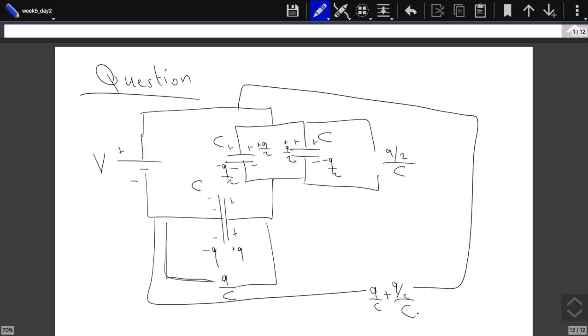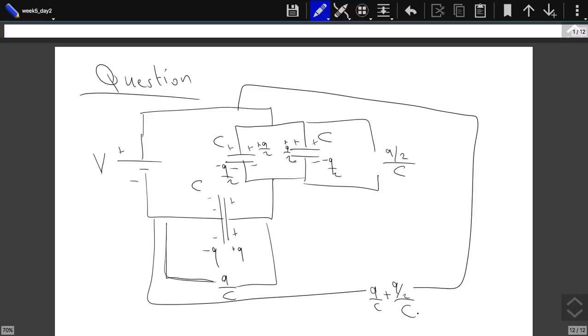The potential difference between this point and this point is the same as the potential difference across this capacitor. And the potential difference between this point and this point is the sum of the potential differences across this capacitor plus across this capacitor. It's Q over C plus Q over 2C.